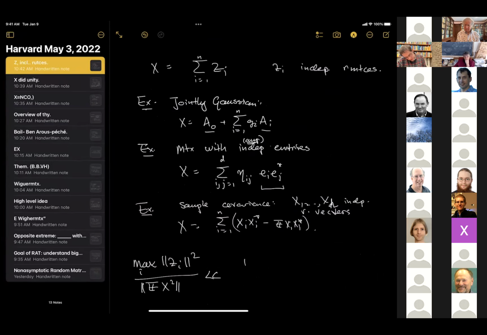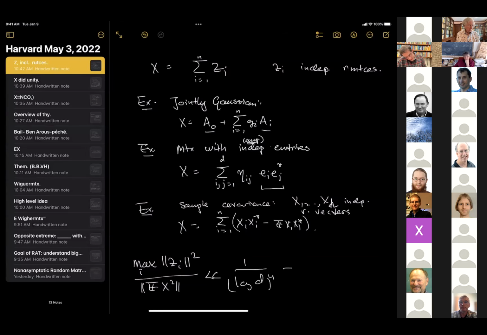If this is much, much smaller than 1 over log d to something, then the random matrix X that I wrote over here, which is non-Gaussian, behaves as a Gaussian random matrix with the same mean and covariance.